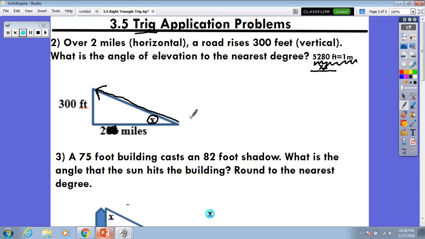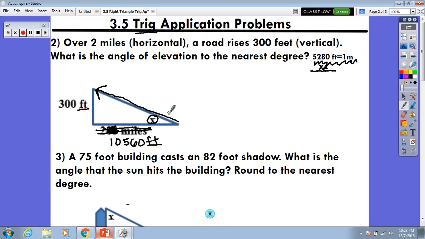Okay, so I'm going to use my calculator when I do that. 5,280 times 2 gives me 10,560 feet. So now I'm going to draw a line through the 2 miles, because whenever you're doing a problem, your units have to be the same. My units here, the units of measure, are feet. So I needed both of these to be feet before we could set up.